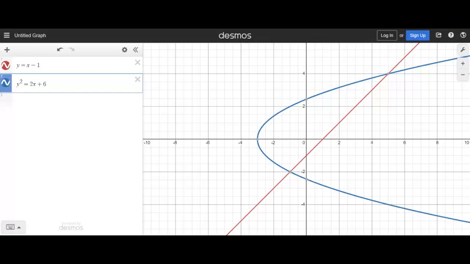What's really cool is that for y squared equals 2x plus 6, using a graphing calculator you'd have to type in y equals plus square root of 2x plus 6 and y equals negative square root of 2x plus 6 in order to get that blue sideways parabola drawn. But Desmos, it's really nice. It just draws that.